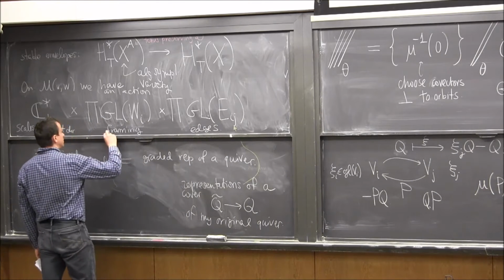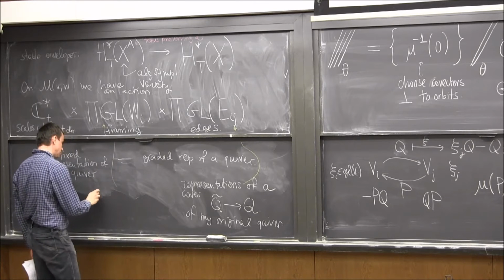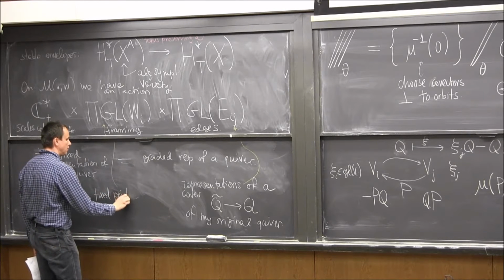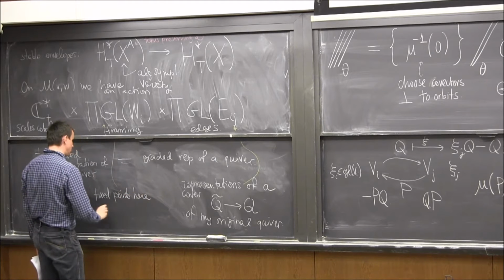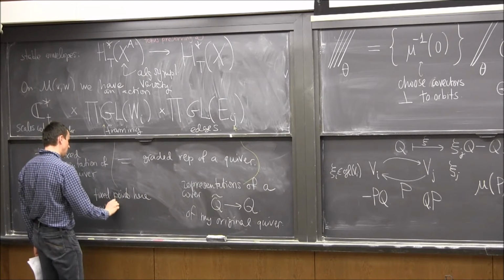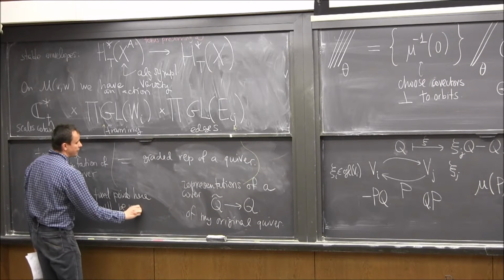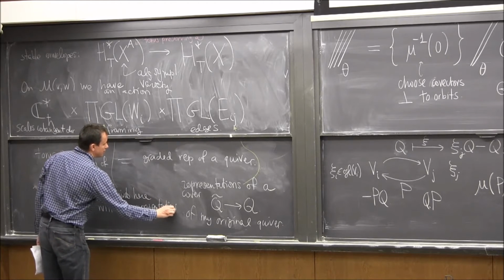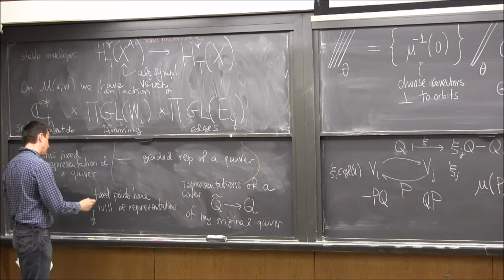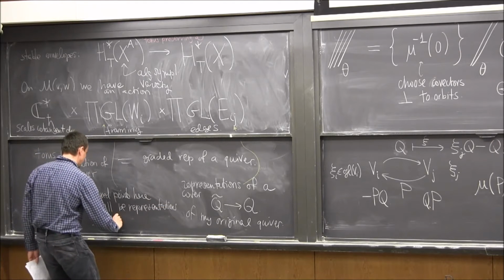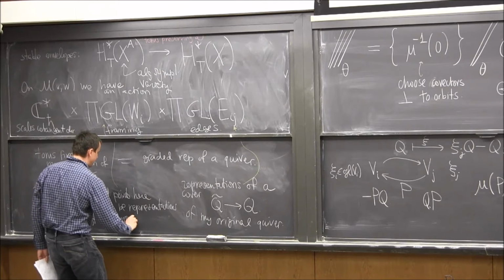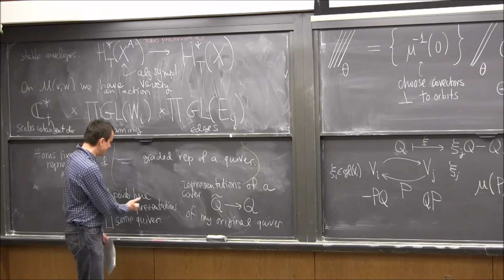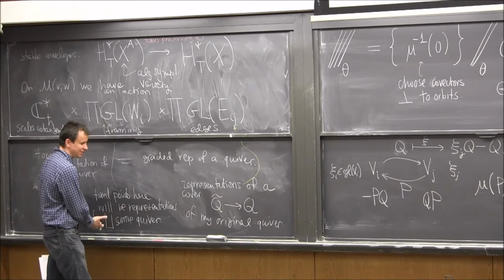Here, if I choose my torus, the fixed points would be a representation of a disjoint union of the same group. In some sense it's still a cover, but in this case it's trivial, and this is not true.